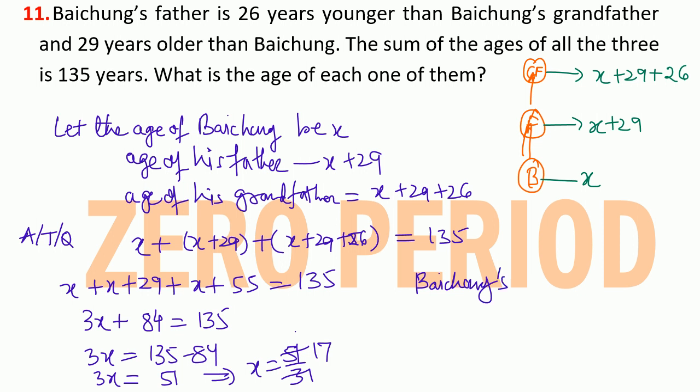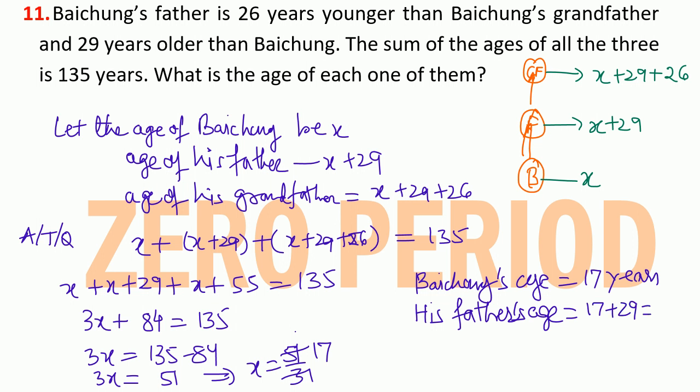Baichung's age is 17 years. His father's age is 17 plus 29, and 17 plus 29 is 46 years, and his grandfather is 17 plus 55, it is 72 years.